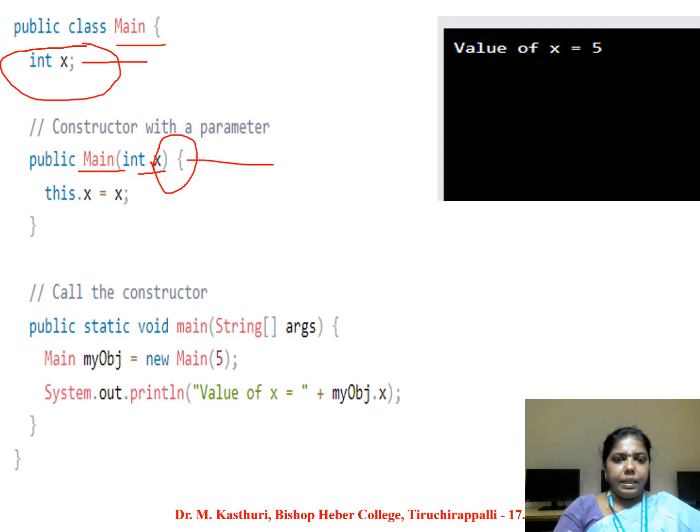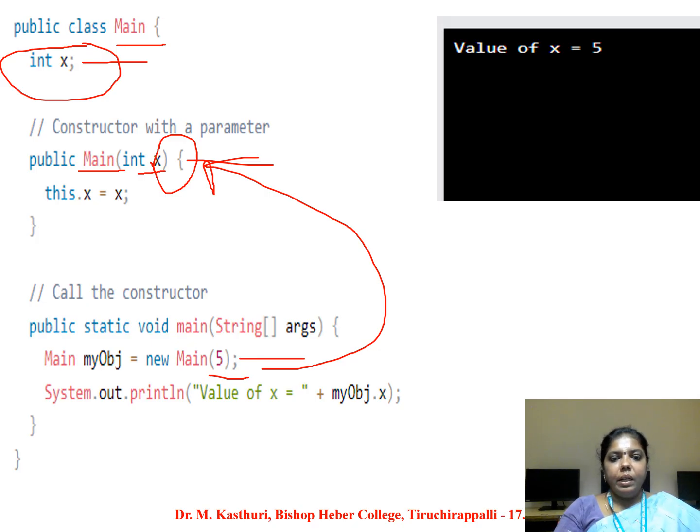For example, here an object is created for main class and sends the value 5. Immediately this 5 value is sent to instance variable. Here instance variable is also 5, local variable is also 5. Hence the compiler could not understand which one is the instance variable.